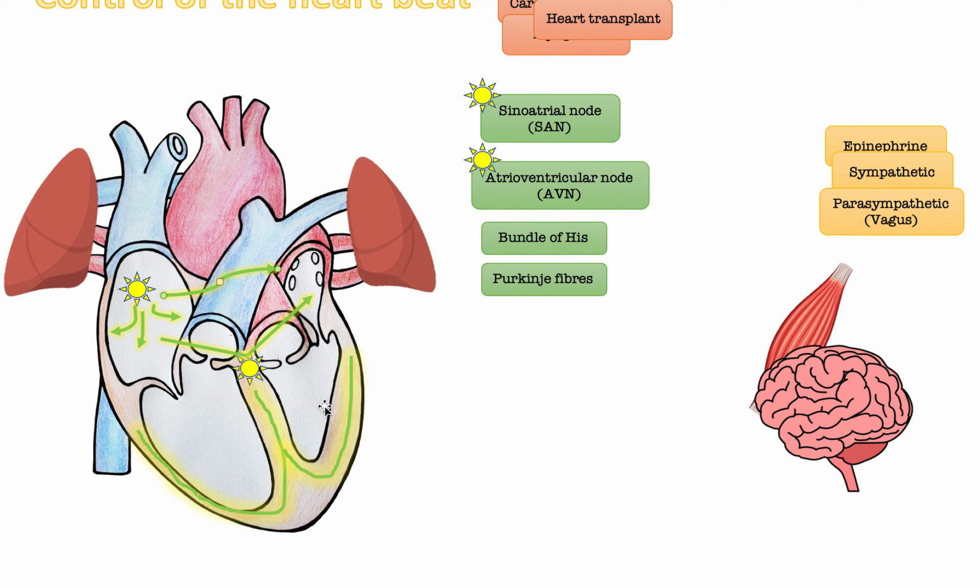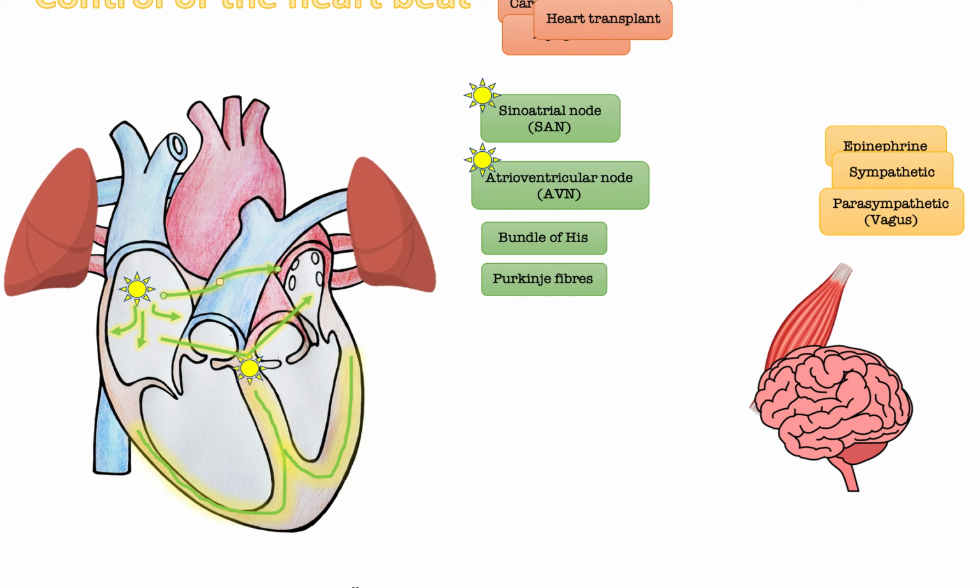But the important part here is when this signal is being sent to the left atrium and the right atrium, it also travels to this thing here called the Atrioventricular Node. This node takes that signal and sends it into the bundle of His, which then turns into the Purkinje fibers.